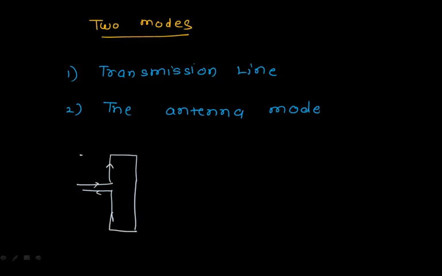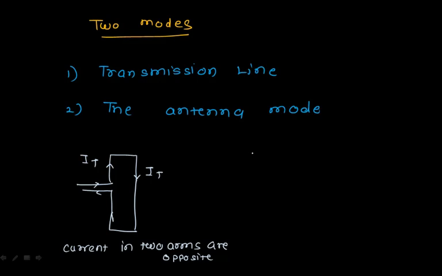The currents are equal and opposite in direction. So the current in the two arms is opposite in direction. This is your transmission line mode.